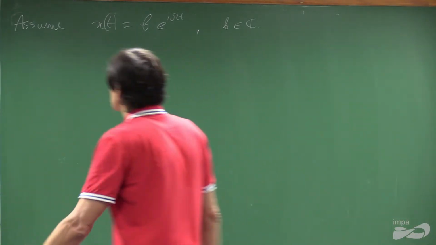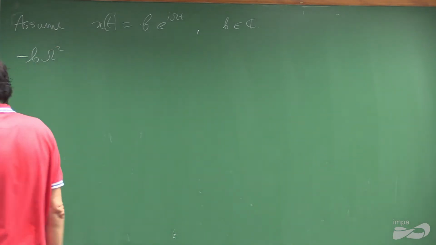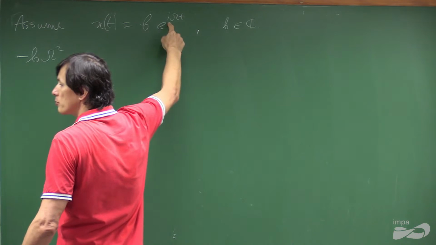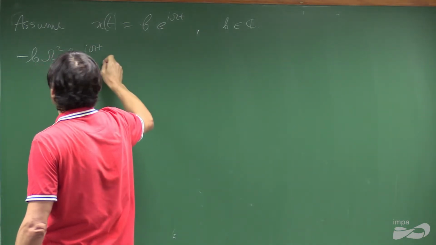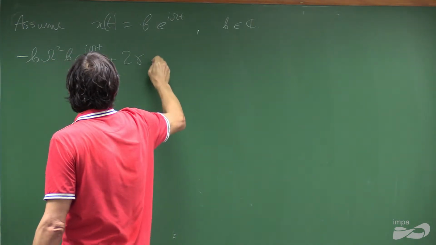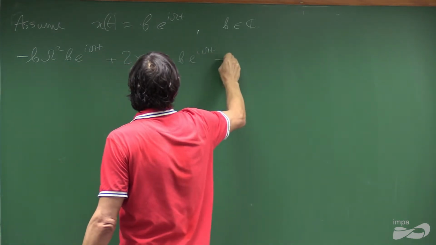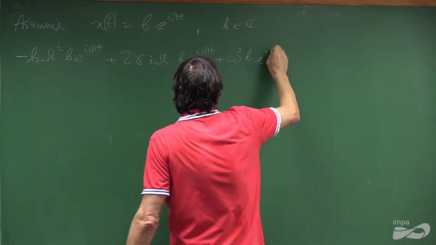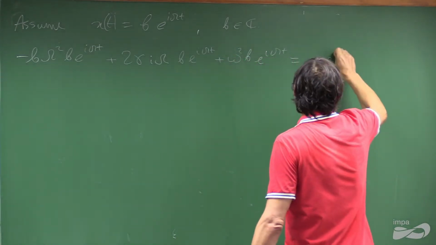Substitute it into the equation. So the second derivative gives you minus omega squared b exponent i omega t, because the imaginary unit squared gives you minus. Then the second term, plus 2 gamma i omega b exponent i omega t, plus capital omega squared b exponent i omega t, equals a exponent i omega t.